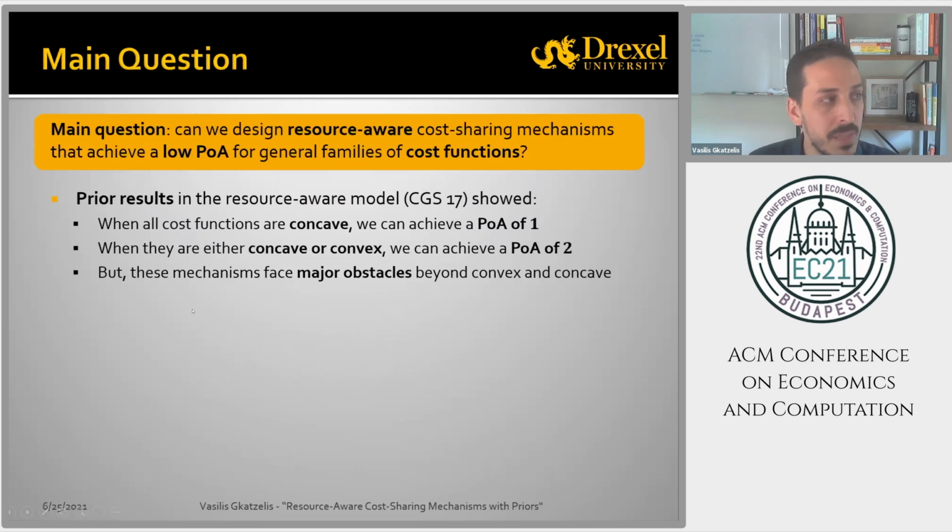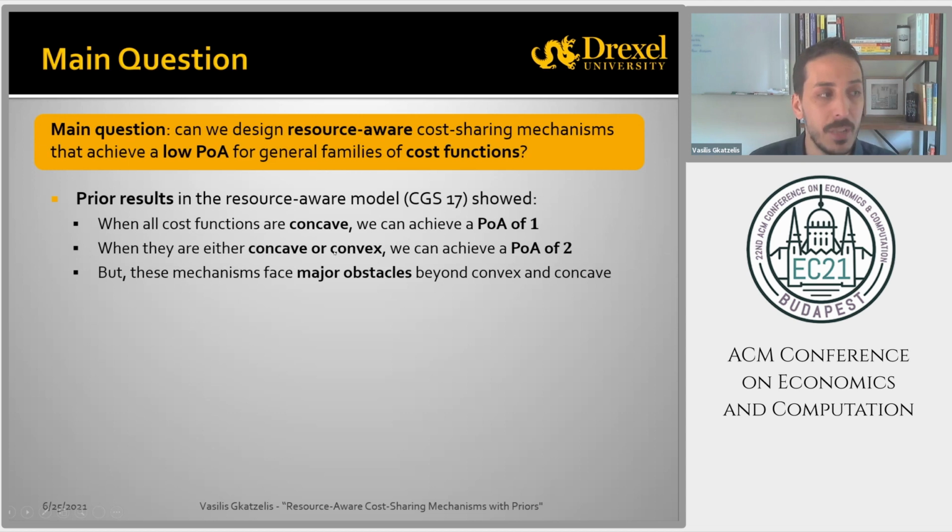The main question of this paper is, can we design resource-aware cost-sharing mechanisms that achieve a low price of anarchy for general families of cost functions? Prior results have achieved some positive results, but they were all for special classes of instances. Either the cost functions were all convex, or all concave, or a mix of the two.